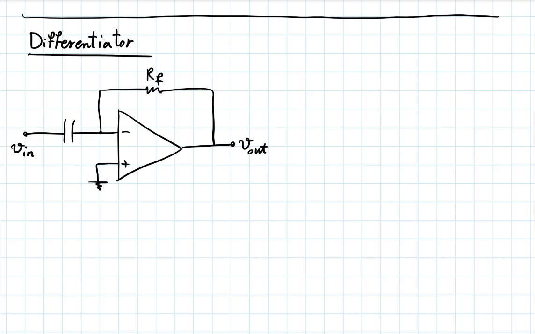If I have 0 on the non-inverting input, I'll also end up with 0 here. And as before, I have 0 amps going in. And this current I will find its way by KCL here. So this is my VC, which is the same as Vin, right?